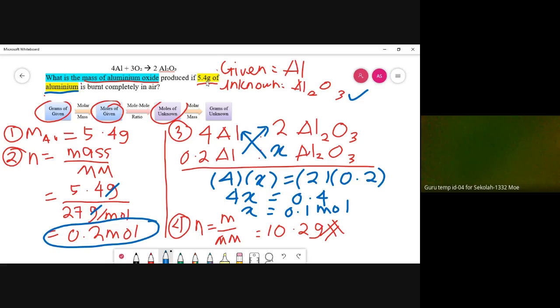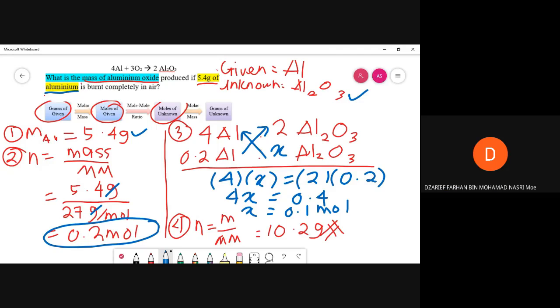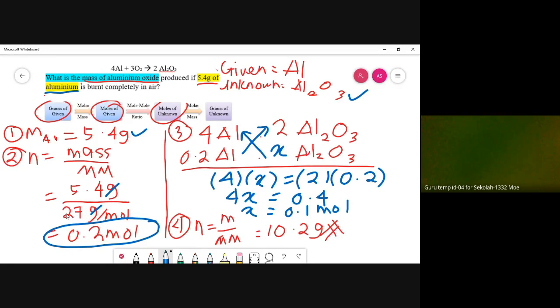So now, using the mass given, you have to find the number of mole for aluminium. Macam mana you nak cari number of mole? Kalau ada mass, you guna formula mass over molar mass. Yes, pandai. So, you masukkanlah. Your mass is 5.4 gram. And the molar mass for aluminium is 27 gram per mole.